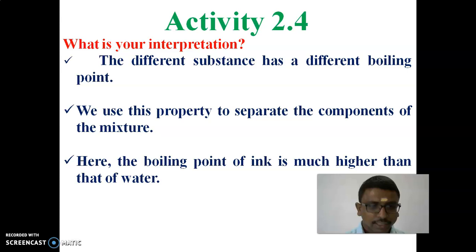When we heat the components, the one with the lower boiling point evaporates first, and the other compound is left settled in the apparatus. Here the boiling point of ink is much higher than that of water.